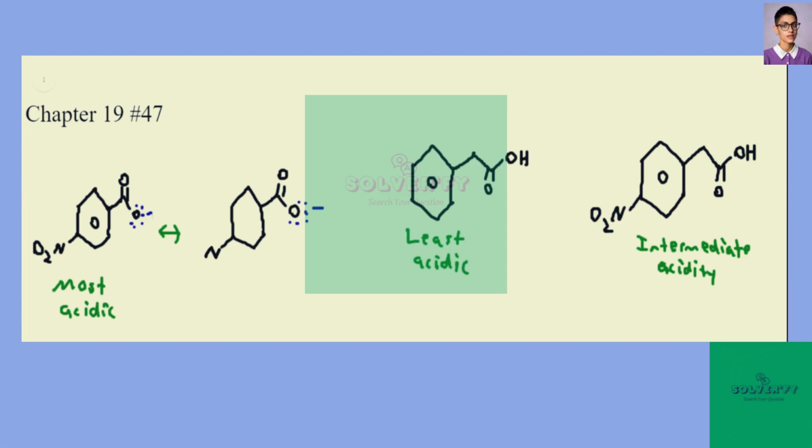So the nitro group looks like this, right? This is how we conceive of a nitro group, where one of the oxygens has 2 bonds and 2 lone pairs and no charge, and the other oxygen has 1 bond and 3 lone pairs and a negative charge, and then the nitrogen has a positive charge on it. So this is what our deprotonated carboxylic acid would look like.